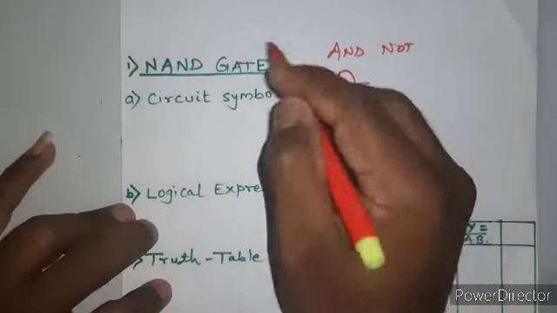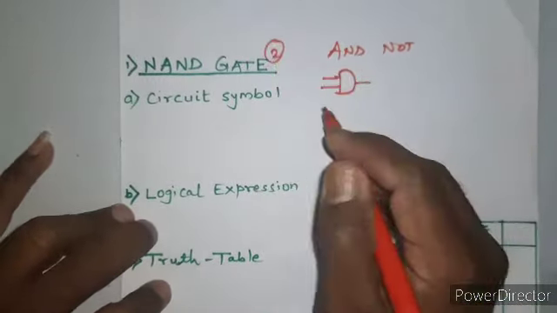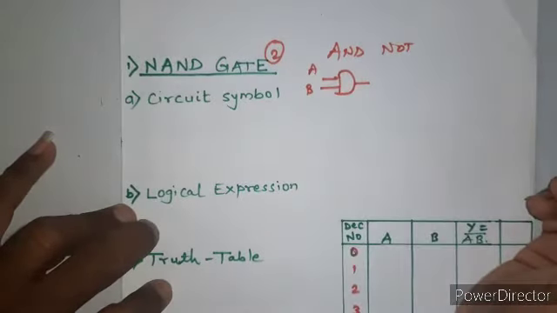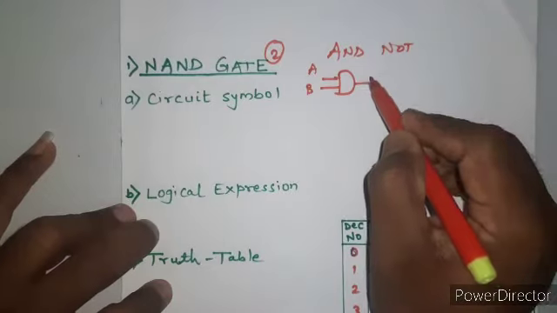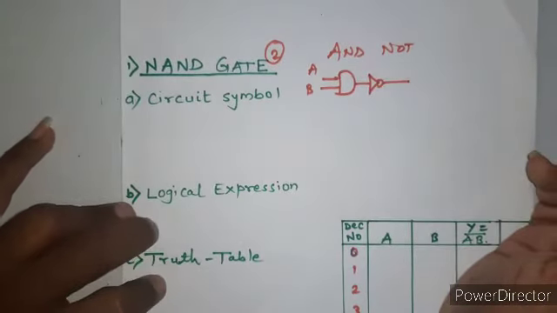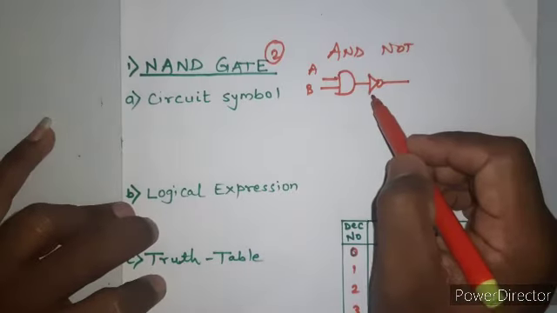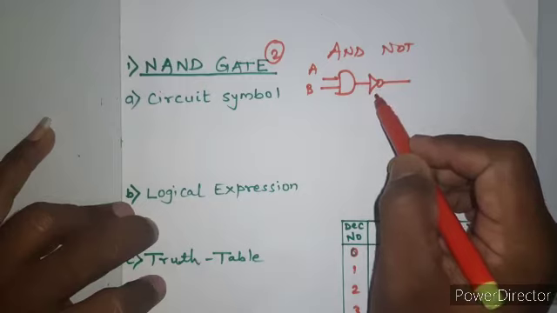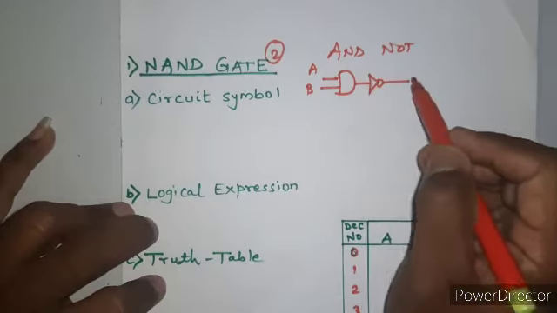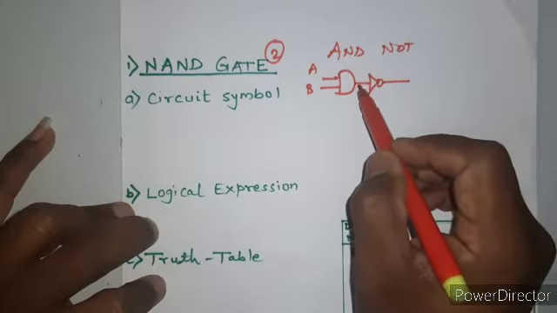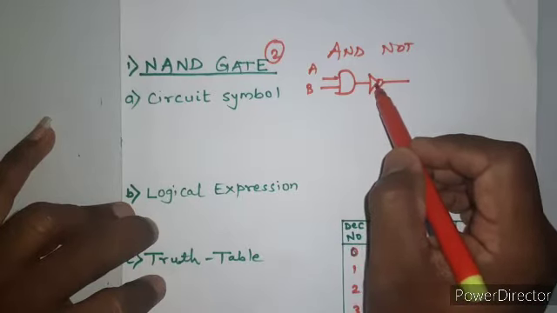Here also we'll consider a 2 input NAND gate. So this is A, this is B. Then we connect a NOT gate here. As we have already discussed, NOT gate is the only gate which has one input and one output. So the output of AND gate is connected to NOT gate.